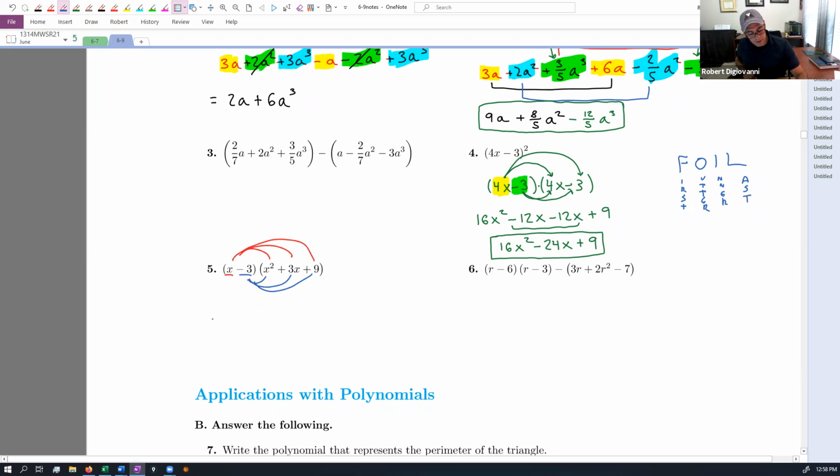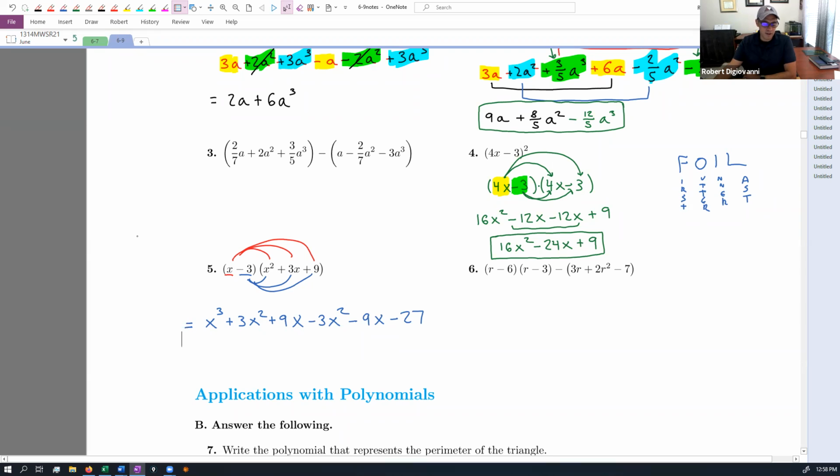So when I do my first one, I get x cubed plus 3x squared plus 9x. That was x times x squared, x times 3x, and x times 9. And then I multiply the -3 through, so I get -3x squared minus 9x, and then minus 27.